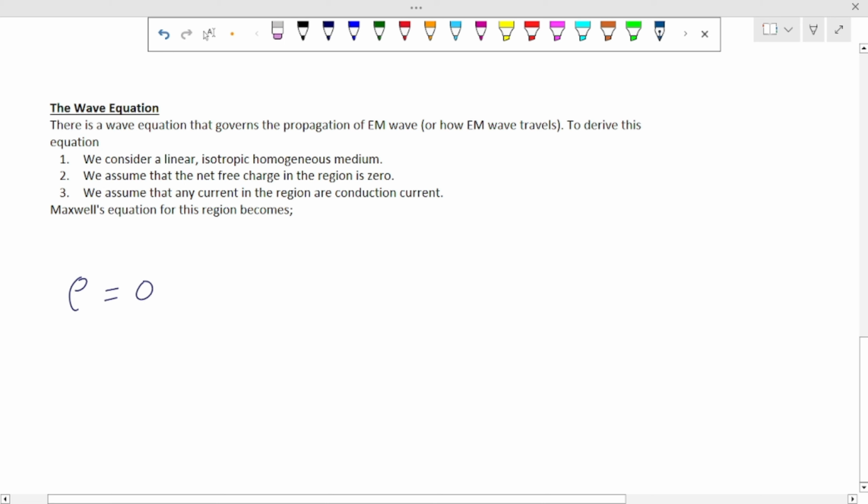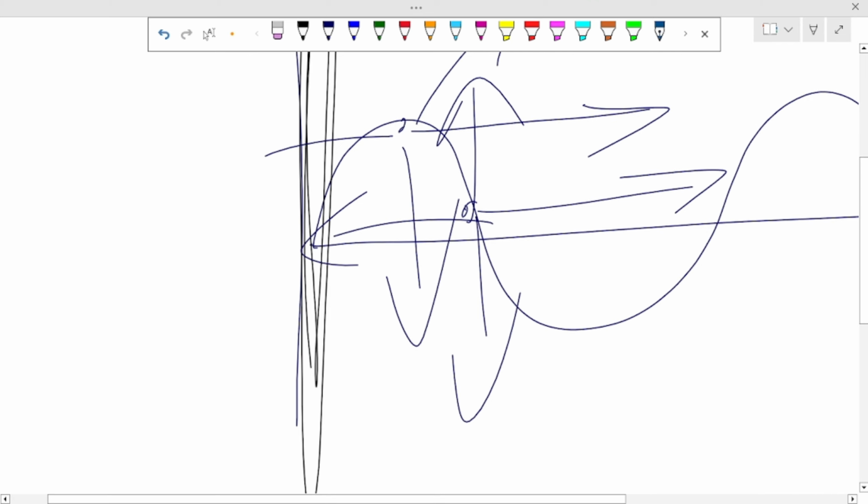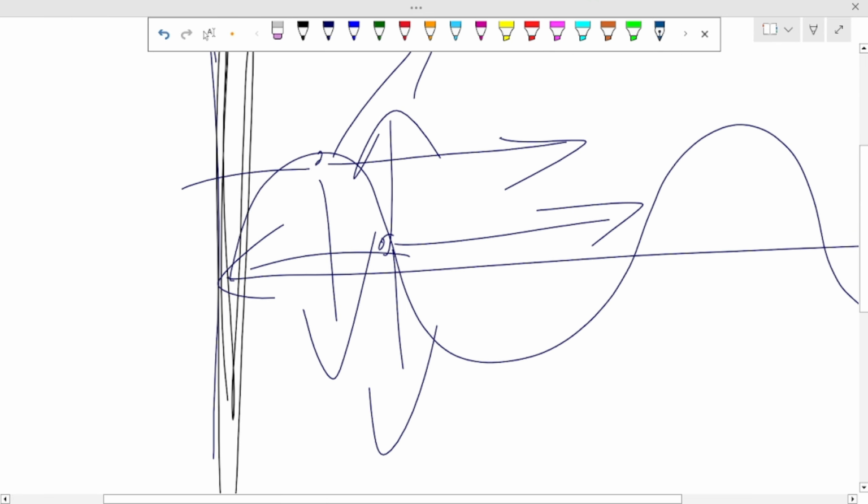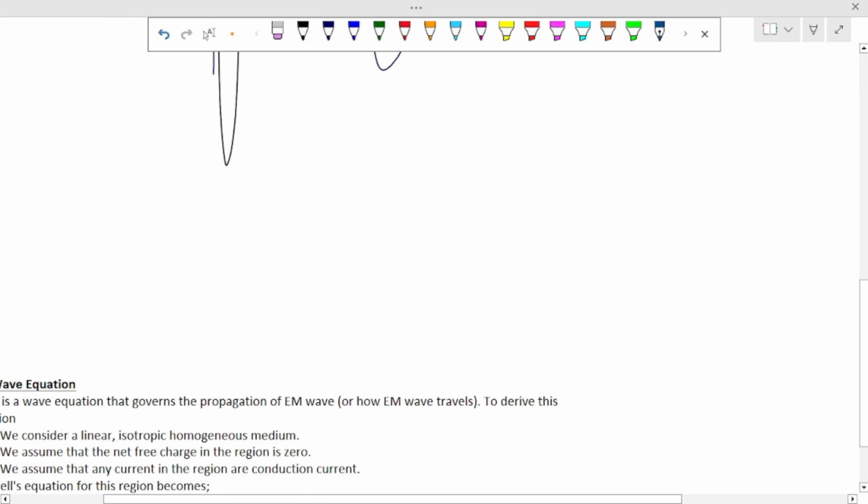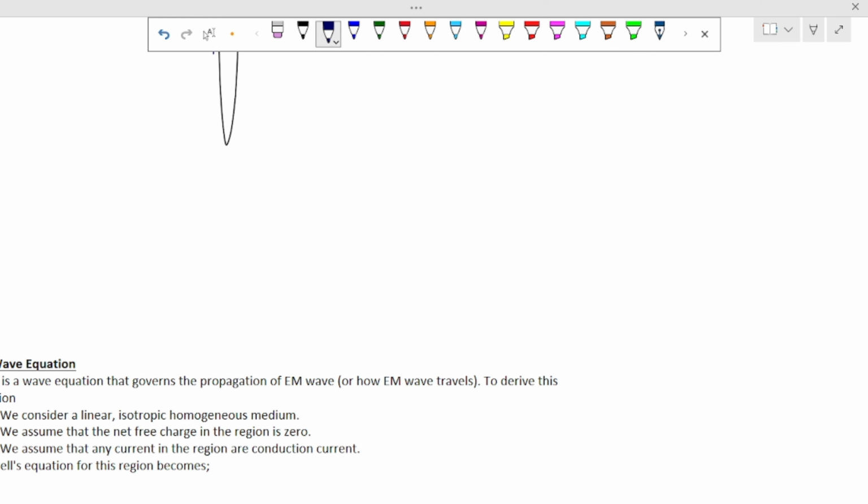It has the same property everywhere. Then for linear, the input is directly proportional to the output. The medium's response to the wave is directly proportional to the wave's input. So I hope we get that. That's literally the meaning of linear.